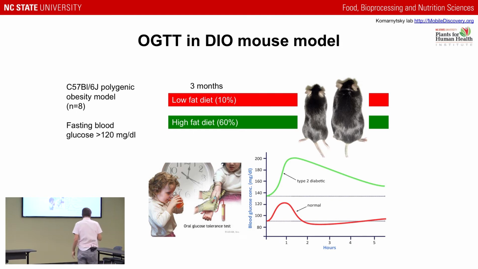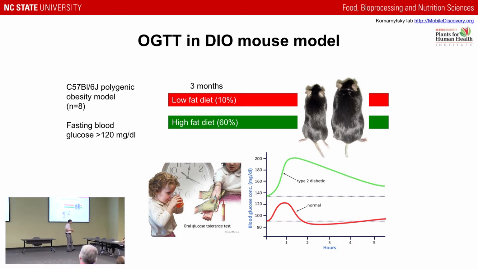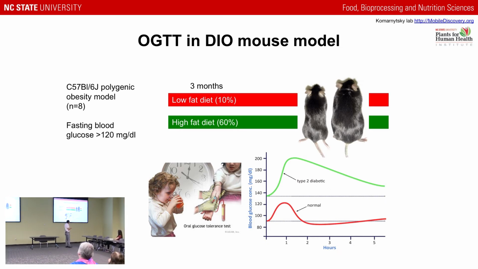So when you challenge them with the glucose, basically OGTT stands for oral glucose tolerance test, right? A normal mouse, your lean control, will have a beautiful OGTT curve, and your diabetic mouse with insulin resistance will have a much higher peak, and the curve will lag, right?